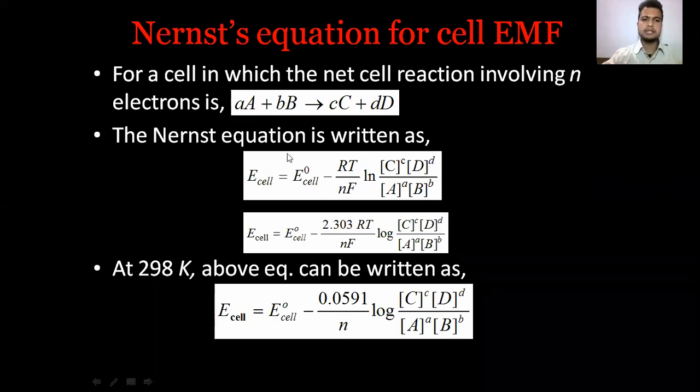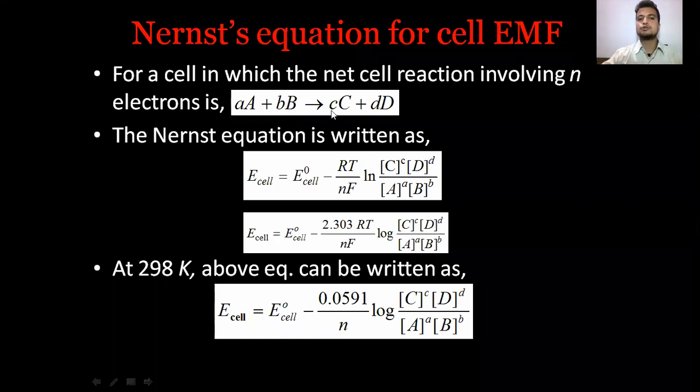It is again in the very same way. We write E cell instead of E, for the full reaction, and E naught cell. How do we calculate E naught cell? We know it is E cathode minus E anode. Then minus RT/nF ln of the concentration of products by that of reactants.